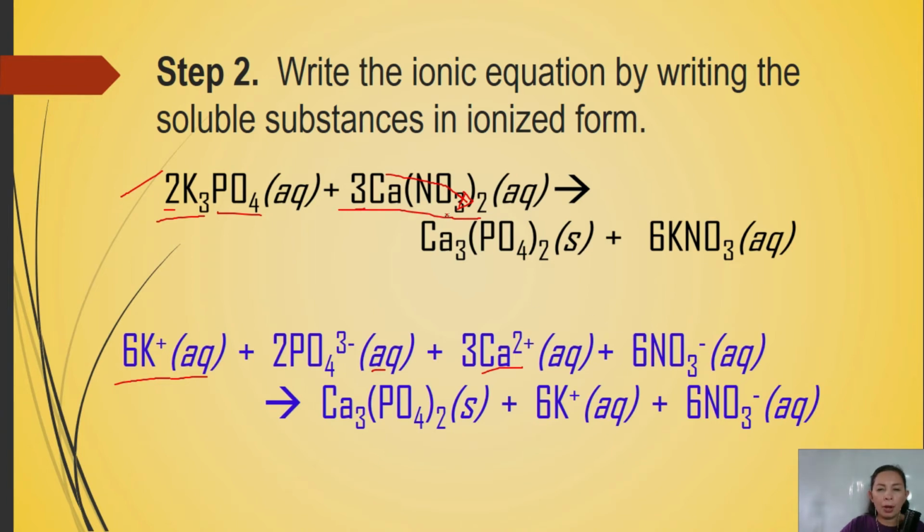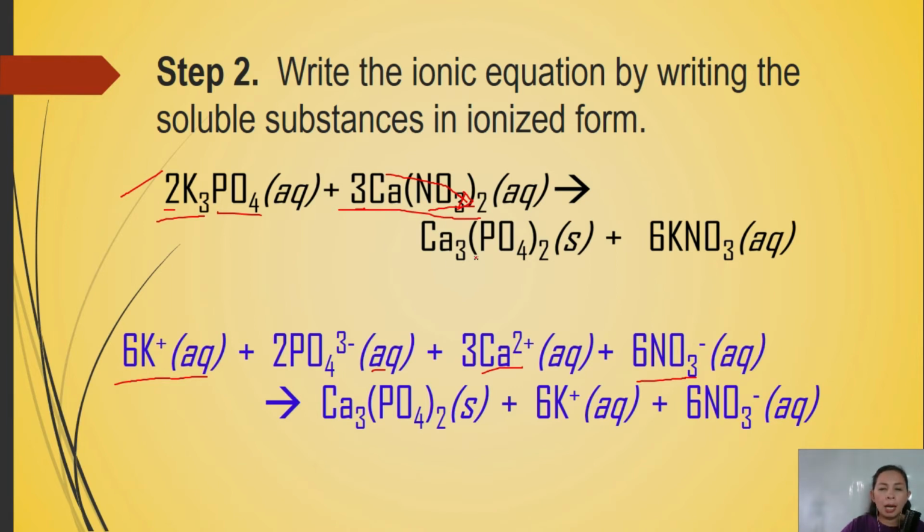And the other one, we have nitrate, a negative 1 since we do not have here any subscript. And we have how many nitrates? 2 times 3, we have 6 nitrate ions. And we also added AQ.